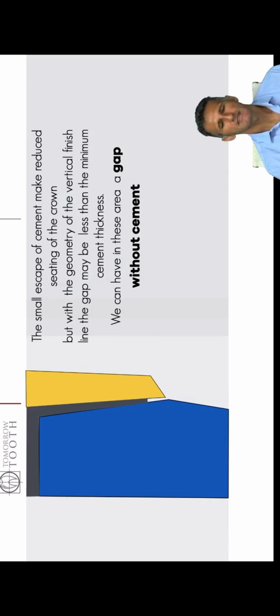The small escape of cement makes for reduced seating of the crown, but with the geometry of the vertical finish line, the gap may be less than the minimum cement thickness. And so what we have seen doing the sections of some teeth with this kind of preparation is that there are a lot of places where there is no cement in this area. Okay, this is a very small space, but this space is not sealed by anything. I will show you this.